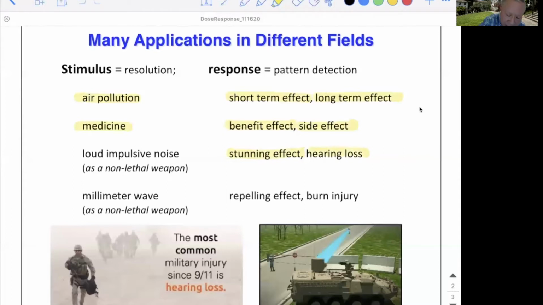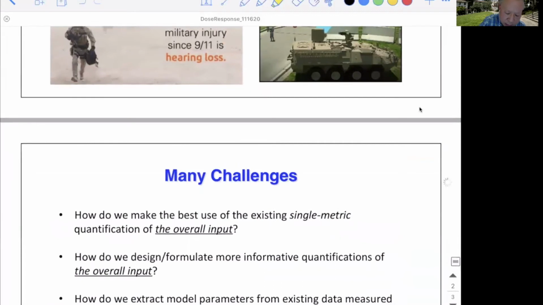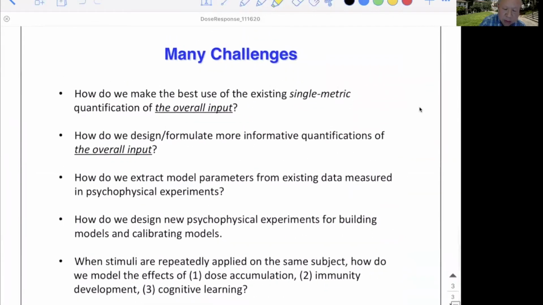The mathematical part of the stimulus response model has many challenges. First of all, in application, the overall input of the stimulus is not a one-dimensional object. It's multi-dimensional. In many situations, it's a function.